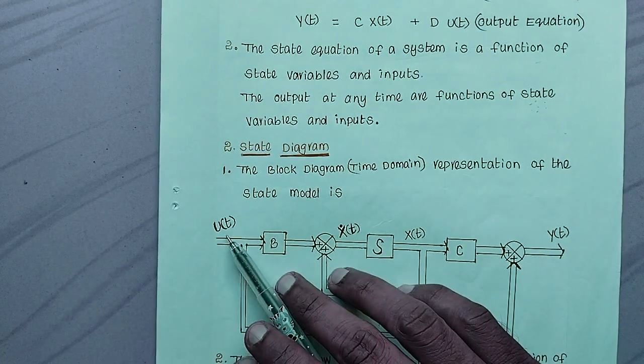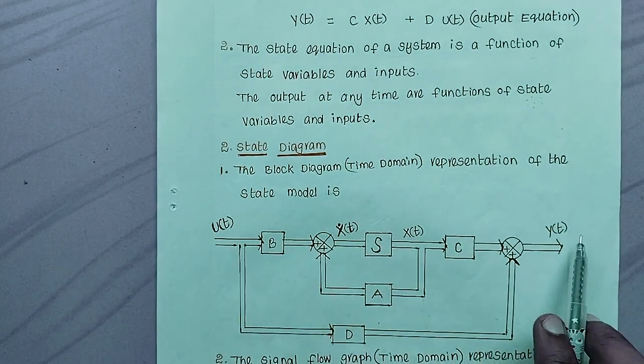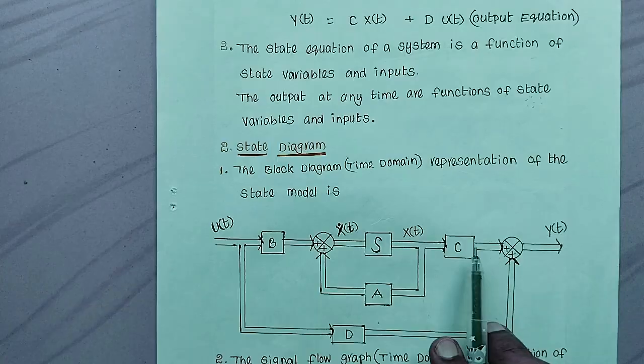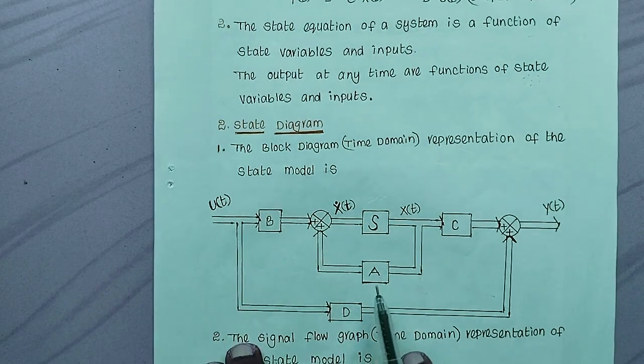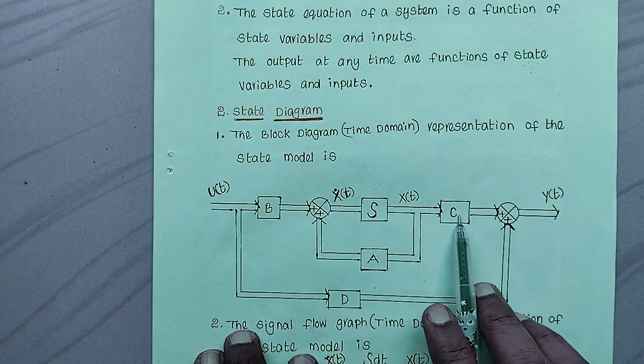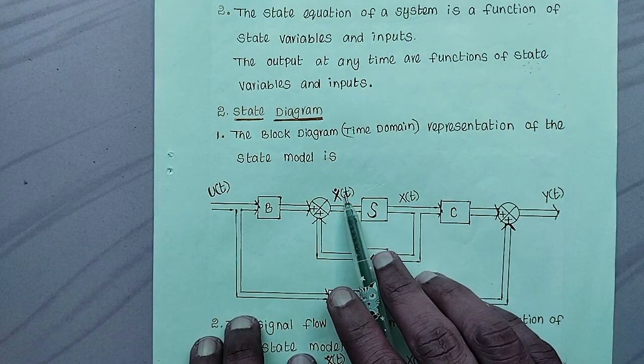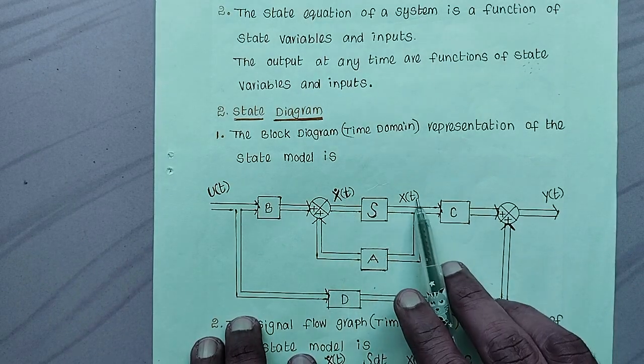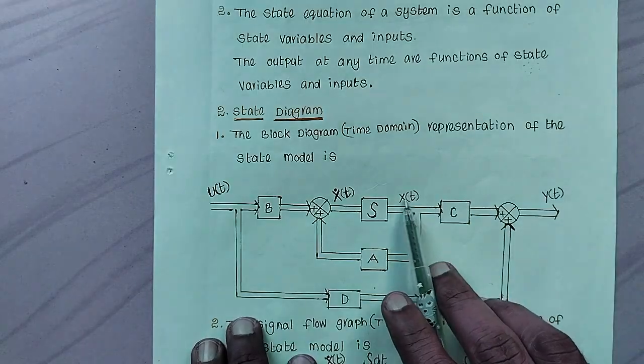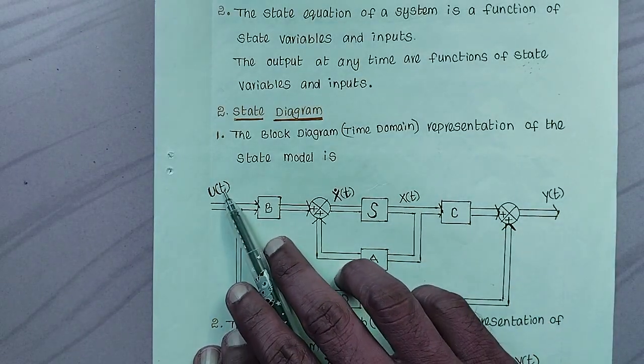So here we have u of t, and here we have y of t as output, and here there is a, and it is b, here there is c, here there is d. So x dot t is equal to a x of t plus b u of t.